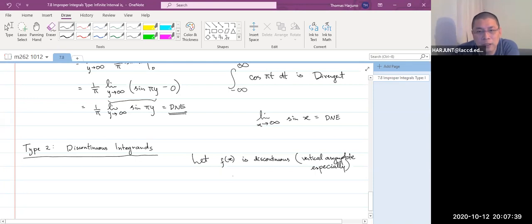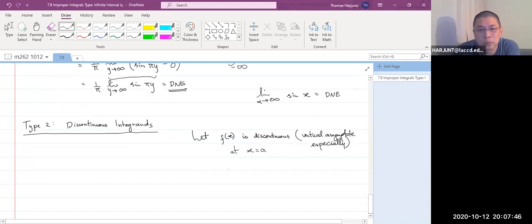Let's say f(x) is discontinuous at x equals a. And then I want to find the integral from a to b.